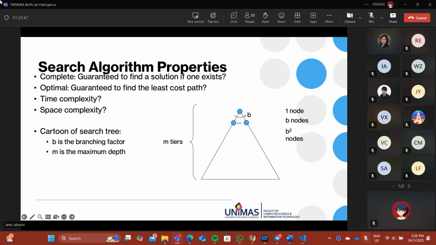If there are many tiers downwards, that can be your maximum depth. So if there are M tiers, then you would be looking at B to the power of M nodes, depending on how many nodes you start off with.